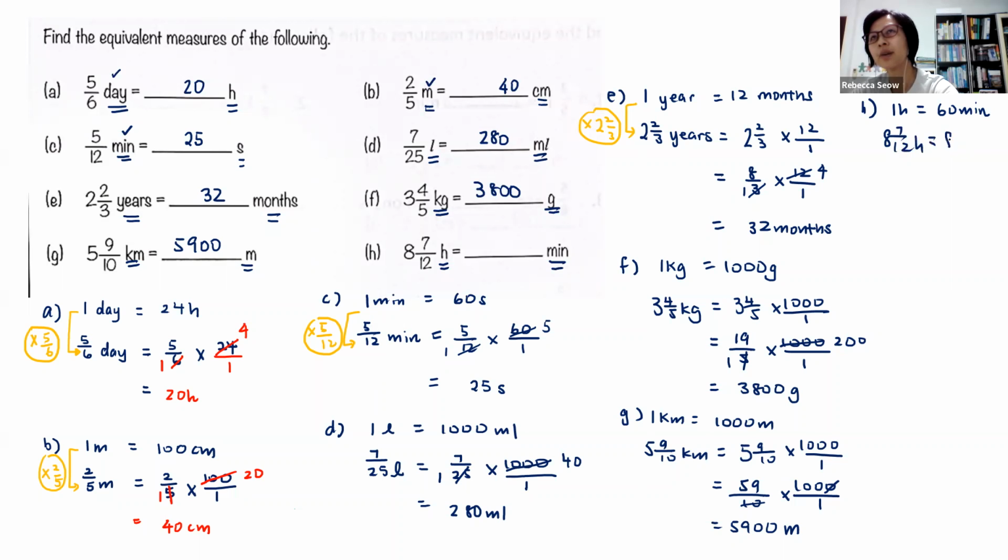So I take 8 wholes, 7 out of 12, multiplied by 60. Convert the mixed number into an improper fraction. 8 times 12, 96. 96 plus 7, 103. Simplify.